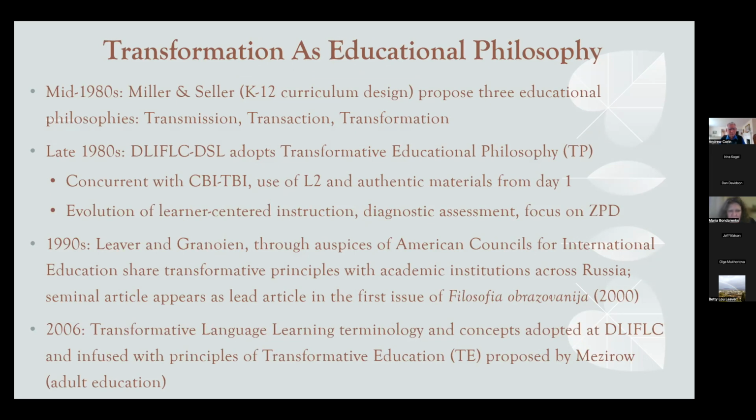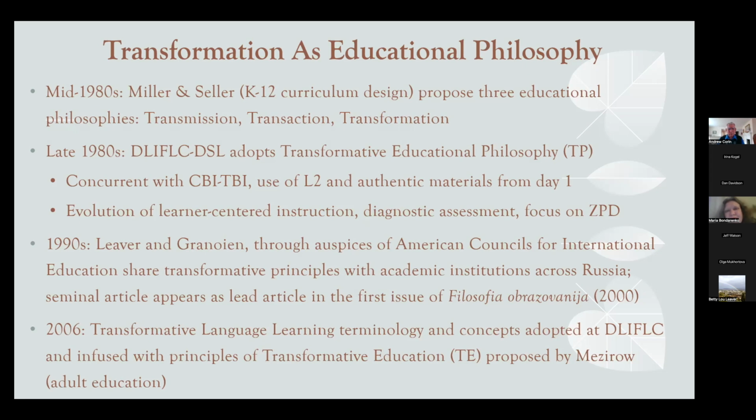And then in the late 1980s is when you get transformative educational philosophy. That was interestingly very concurrent with CBI, content-based, and TBI, task-based. Authentic materials, everything was going learner-centered at that time, and diagnostic assessment. The late 1980s was a very rich time for change happening in L2.